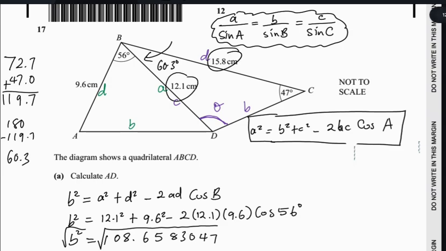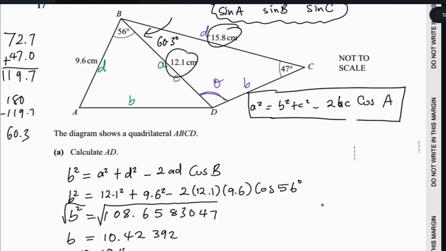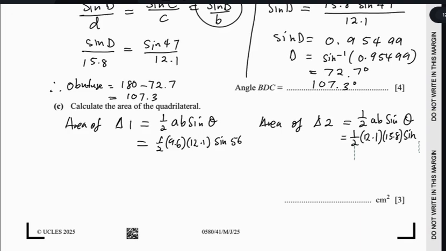So this time around we're saying half of 12.1 and 15.8 sine 60.3, good. Then this is equal to, now let me do the calculations.